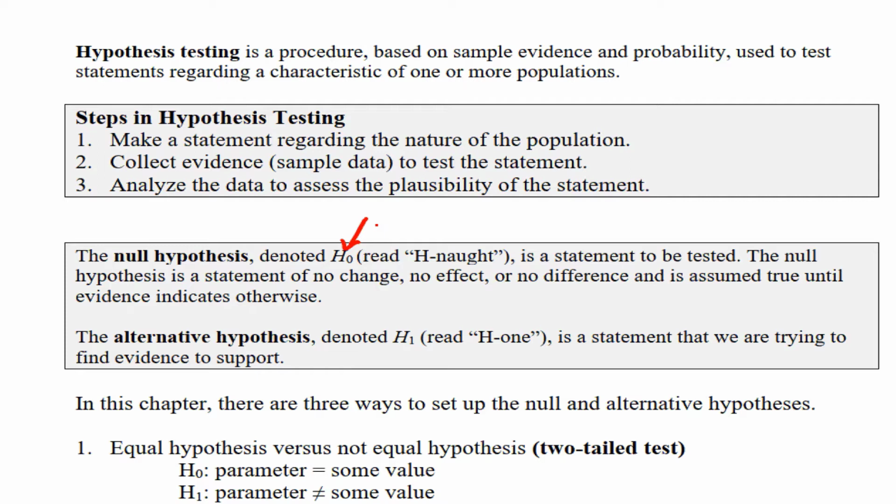The null hypothesis is always a statement of no change, no effect, or no difference, and is assumed true until the evidence indicates otherwise. And then there's an alternative hypothesis denoted H sub 1. That is the statement we are trying to find evidence to support.